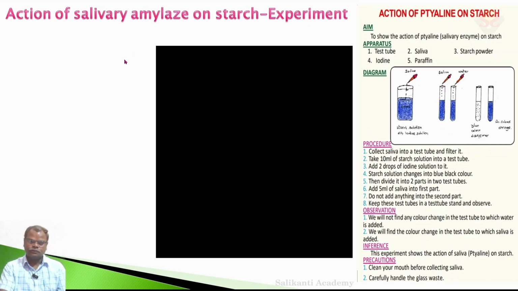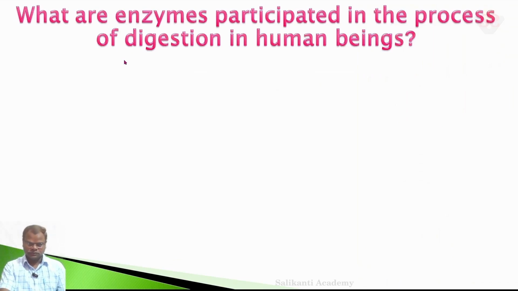Now we are going to see what enzymes participate in the process of digestion in human beings. Digestive glands. How many glands are present in the digestive system? Five glands. What are they? First one, salivary glands.